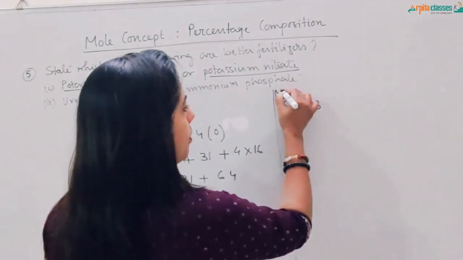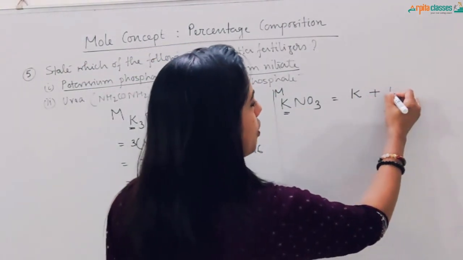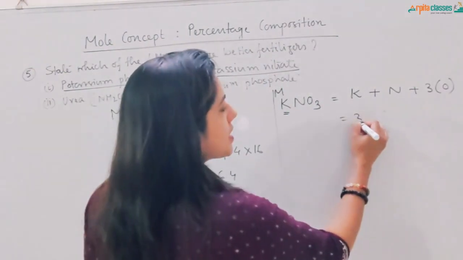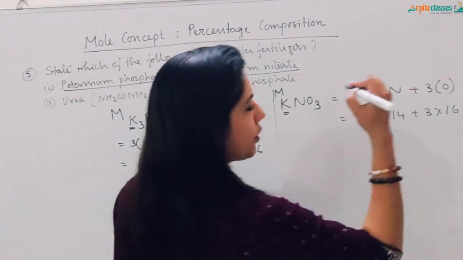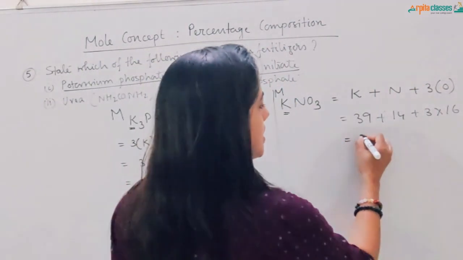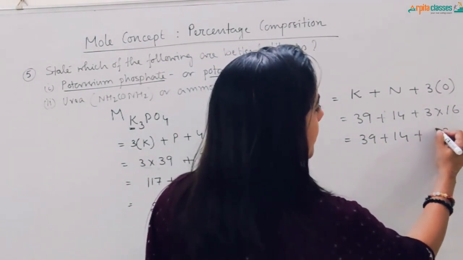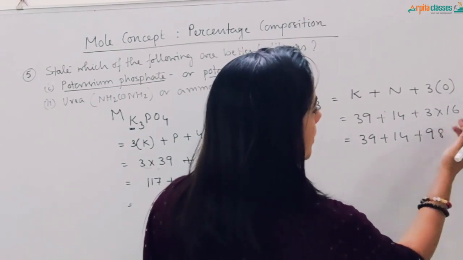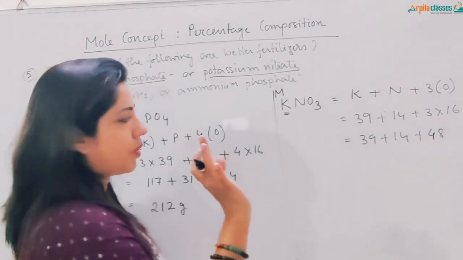Now molecular weight of potassium nitrate, that is atomic weight of potassium plus atomic weight of nitrogen plus 3 into atomic weight of oxygen. This is 39 plus 14 plus 3 into atomic weight of oxygen is 16. So it's 39 plus 14 plus 98, sorry, no, sorry, 48. 16 into 3 is 48, sorry.